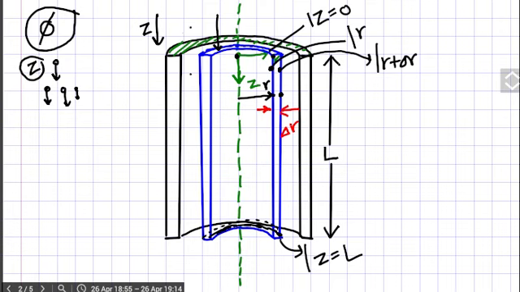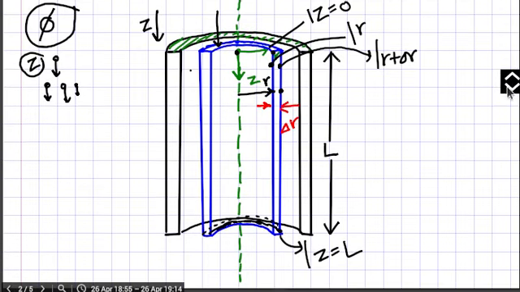Now we see how we will denote that momentum flux. Suppose we are taking this area, the z is equal to 0 surface. Here you will write phi z z: the first z is the area and the second z is the direction, because molecules will be entering in the z direction.